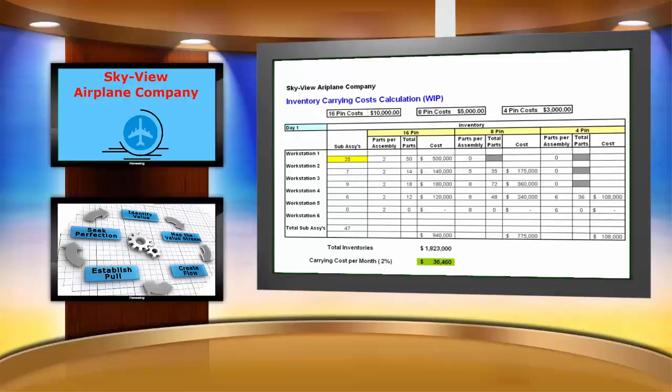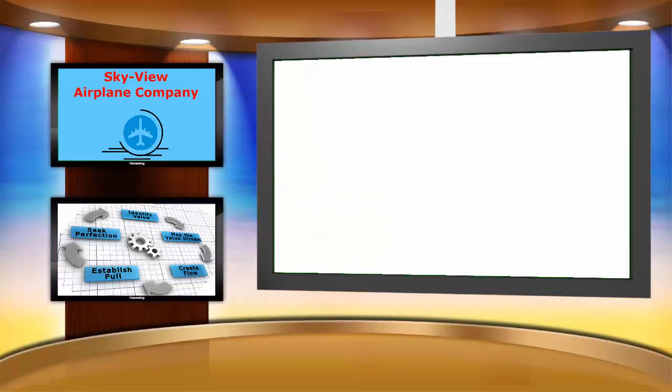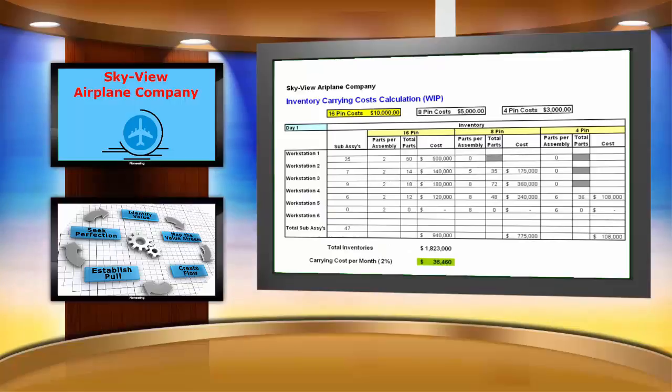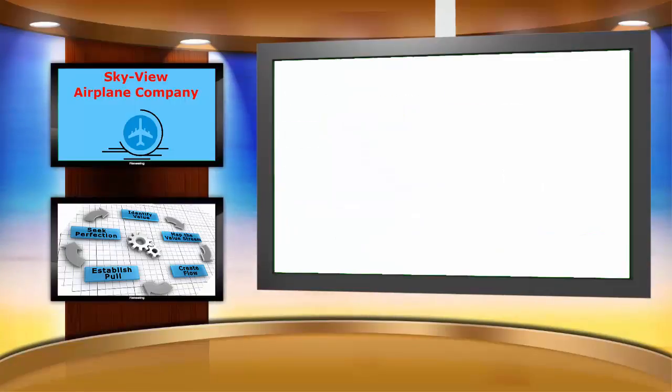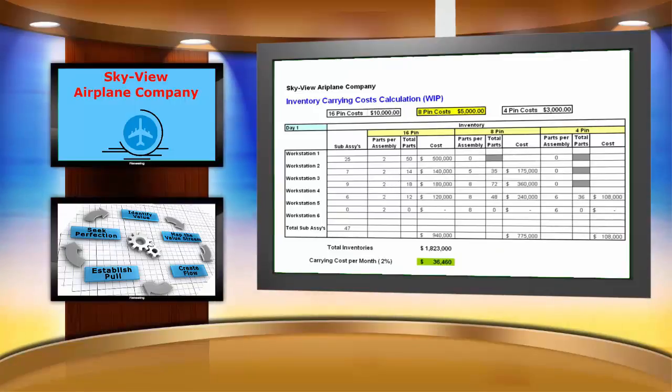As we said then, each Lego piece in our assemblies has a cost. The 16-pin pieces are $10,000 each. The 8-pin pieces are $5,000 each. And the 4-pin pieces are $3,000 each. We calculate the cost of assemblies in the same fashion as we did in the scrap cost table.